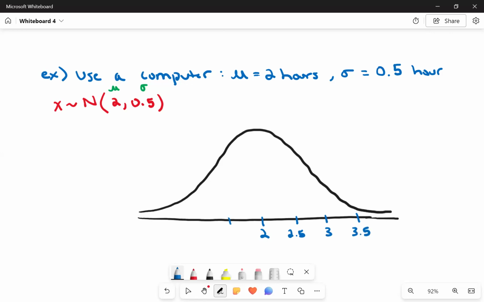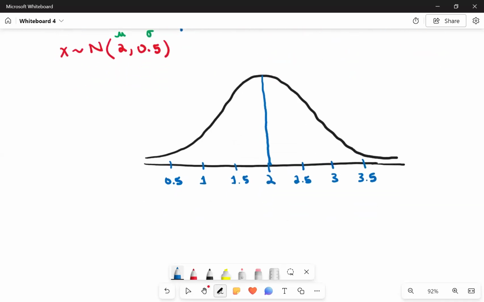Below the mean, we'll be subtracting the standard deviation. This will be 1.5, 1, and 0.5. So here's the middle, that's the mean. According to the empirical rule, here's what we got.